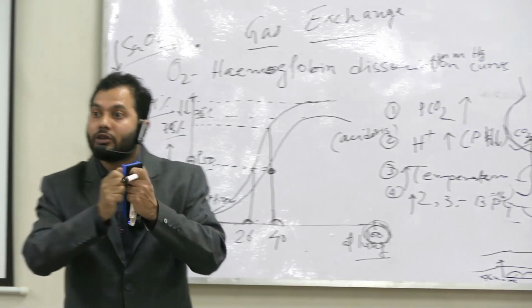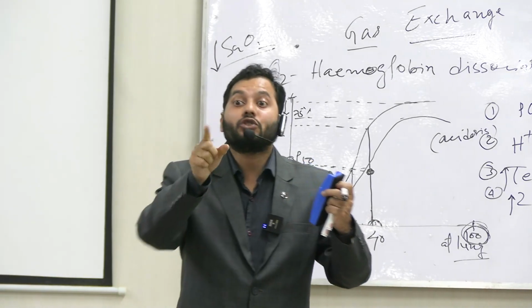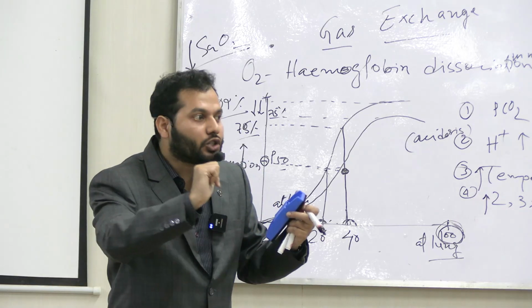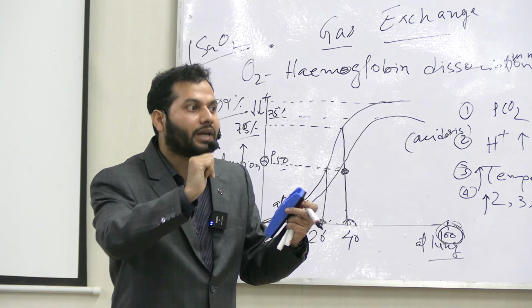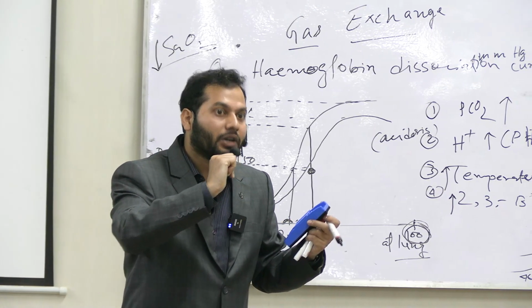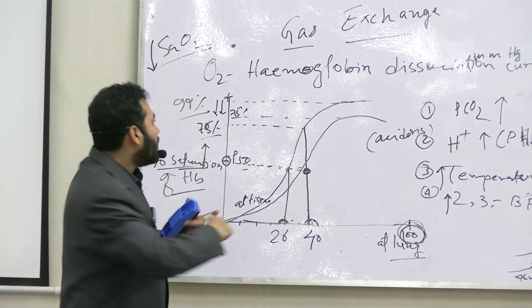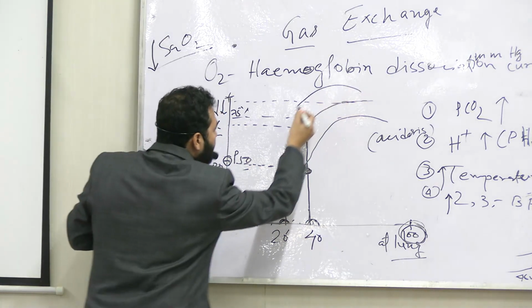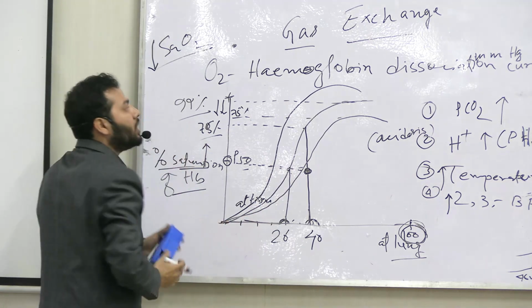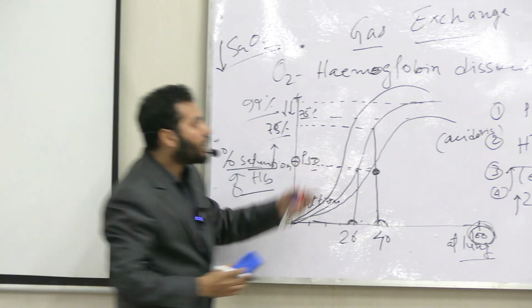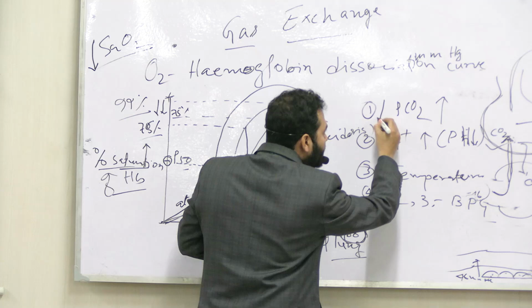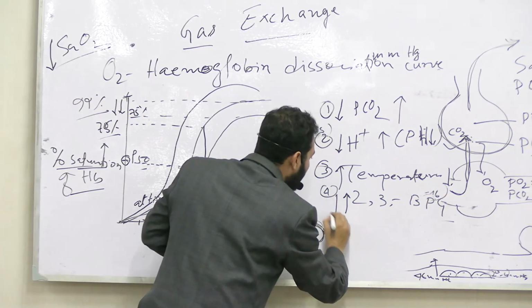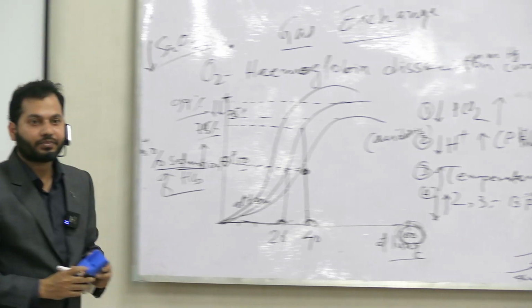That means oxygen molecules dissociate from hemoglobin and enter into the tissue. The same graph, if you compare it with the next one, with the changes in this particular factor, how does it affect?